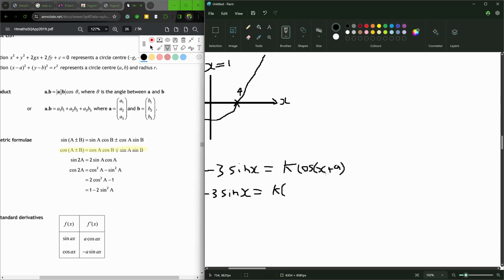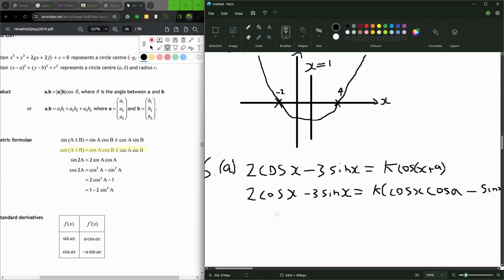It's essentially k times cos x cos a, because it's cos x first and then cos a. Then notice how this sign is flipped from that, which means you take the opposite sign, so it'd be minus instead of plus. And then we do sin x sin a. Then we're going to multiply that out.